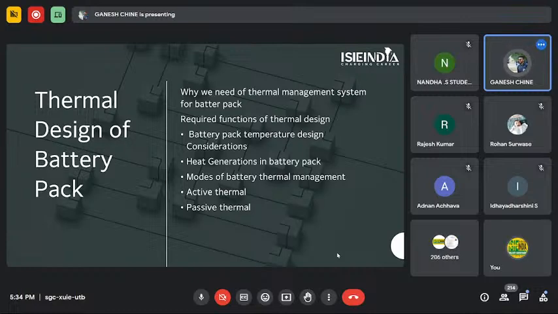Another most important consideration for the battery pack is temperature, because suppose we consider India. Suppose we travel to the north, the temperature is very low. Within Leh Ladakh we experience minus temperatures.